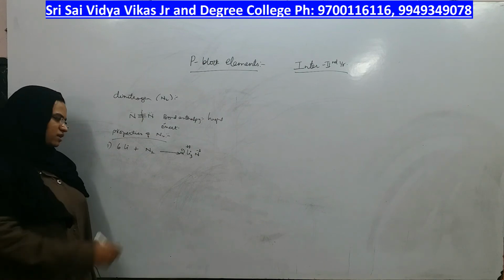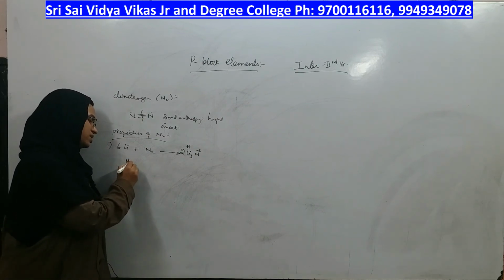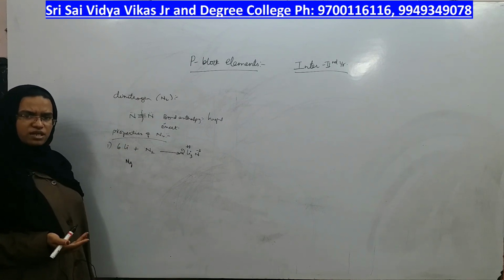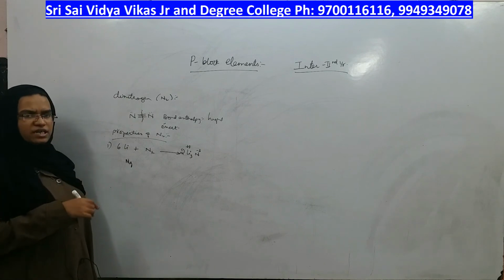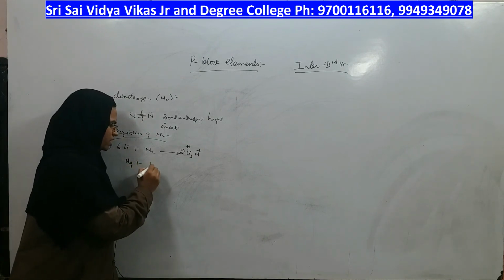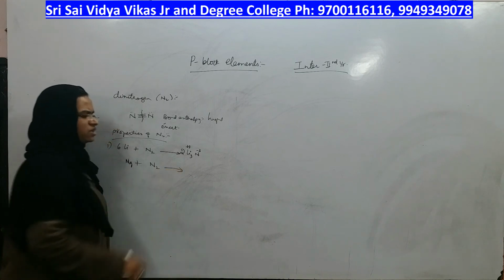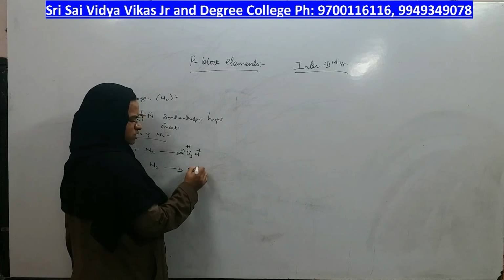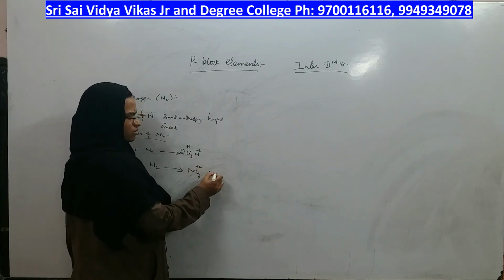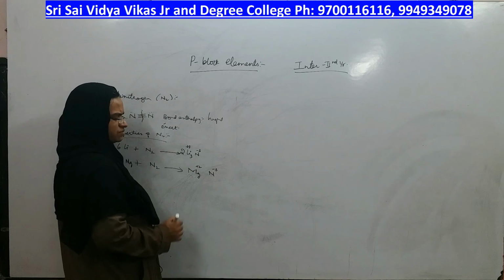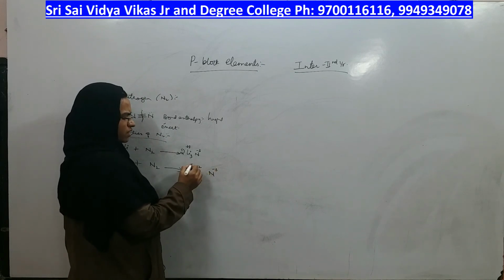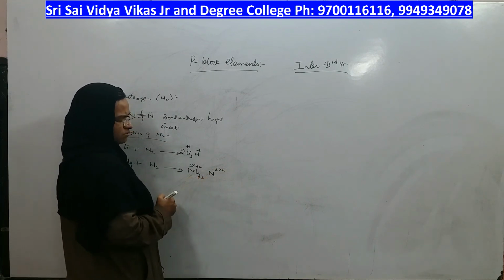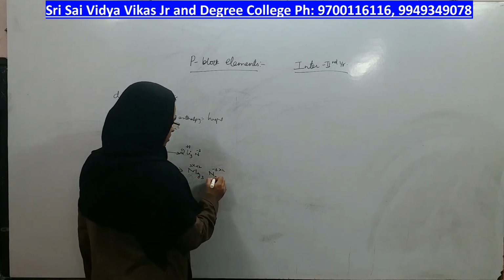What else? Another metals also can combine. Magnesium. From first group we have taken lithium as an example. From second group also they can form nitride. From second group which element shall we take? Let us take magnesium. Same way even magnesium can combine with nitrogen to form magnesium nitride. On magnesium what will be the oxidation state? +2. On nitrogen what will be the oxidation state? -3. Right? How can you make both of them equal? Into 3 into 2. So take 3 times magnesium and 2 times nitrogen.